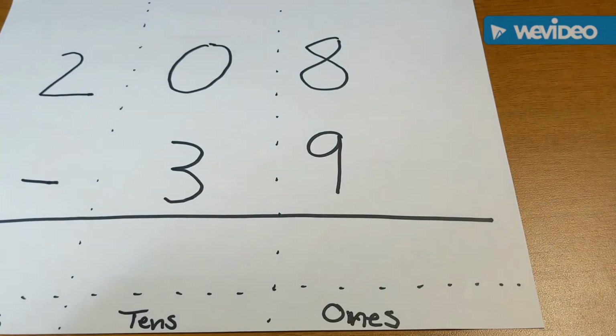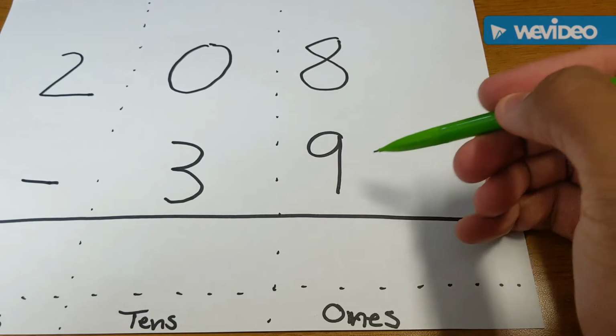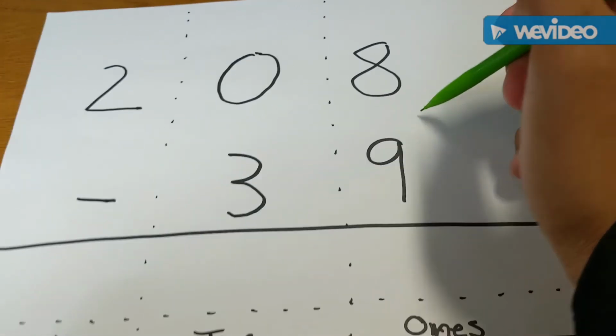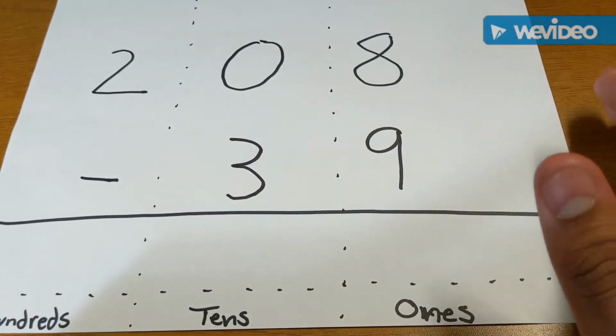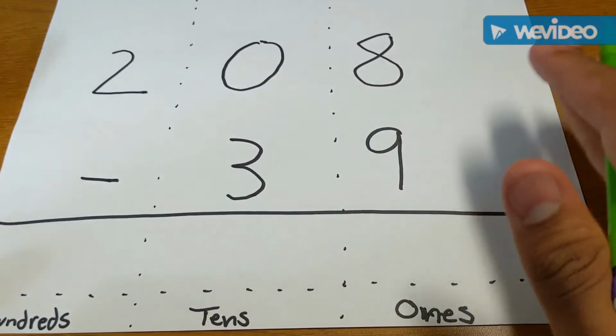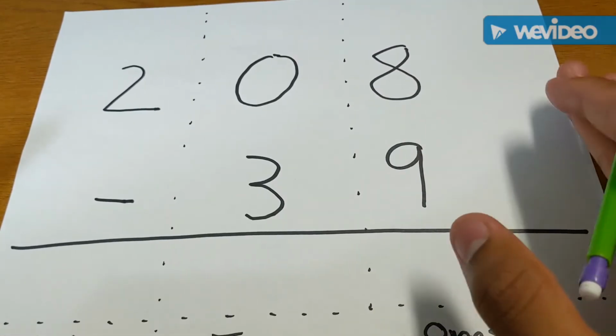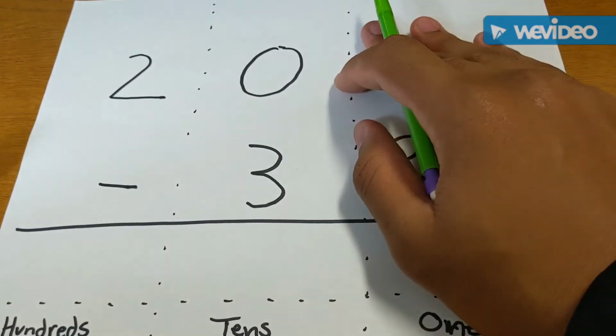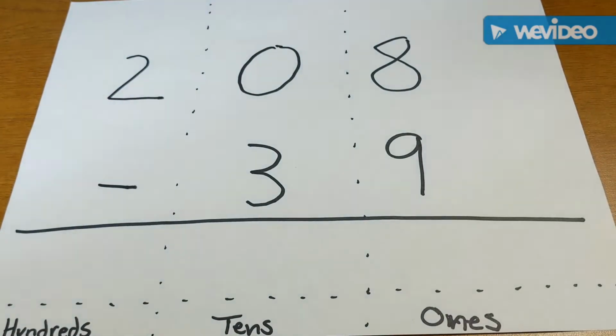So we're going to start with our ones place. Now we know that we cannot subtract 9 from 8. So what we have to do is regroup and get from our neighbors. But before we do that, let's make a visual representation of 208 using our base 10 blocks.